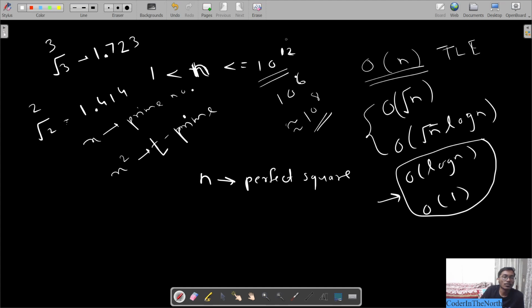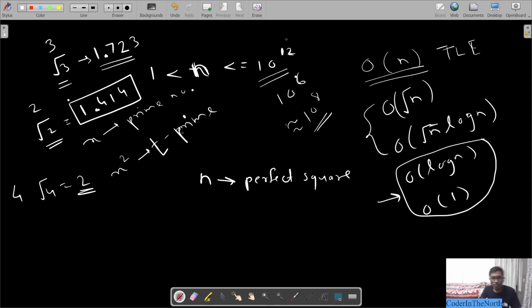So these aren't perfect squares, because after square rooting we get a number with decimals, basically a float value. Take 4, what is root 4? It's 2. It's a perfect square.